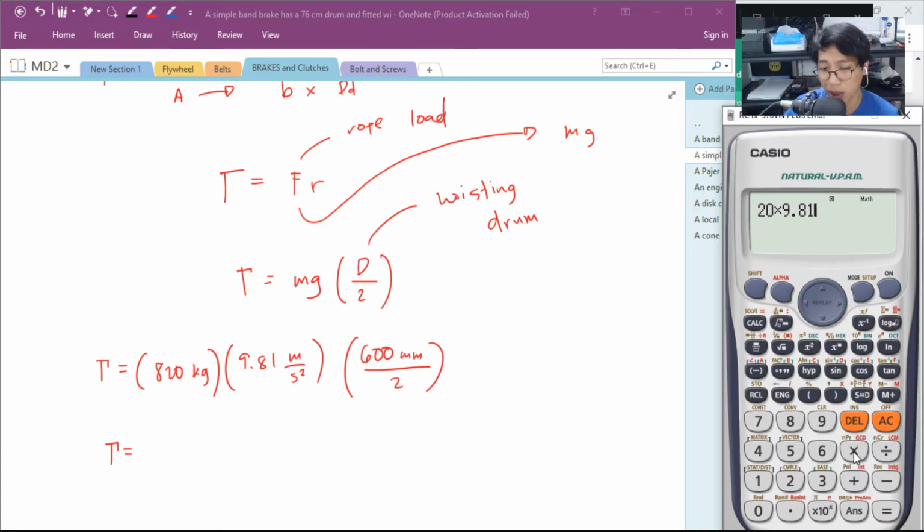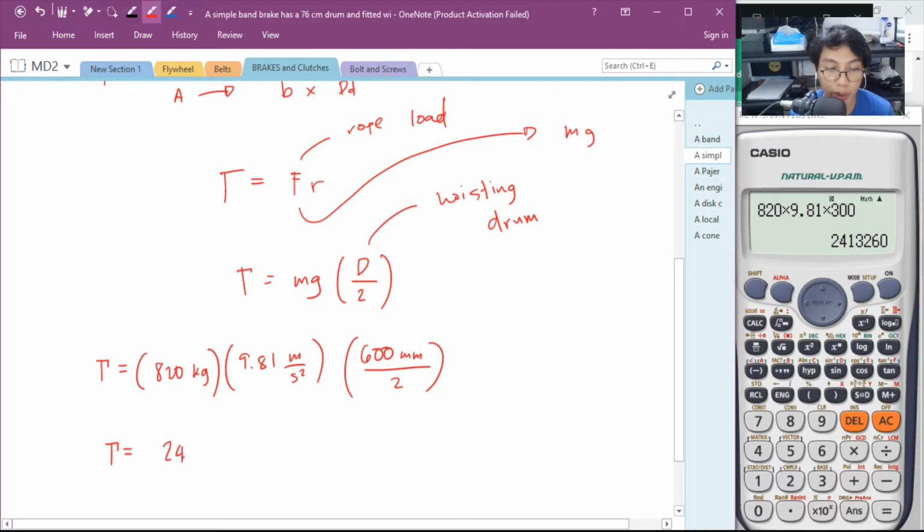Pwede na rin 9.81. Multiply by 300. The answer will be 2413260 Newton millimeter. Okay, you have now the torque.